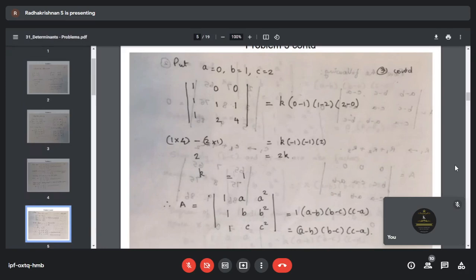So we're just substituting these numbers in place of A, B, and C. This determinant value is 2, and the right hand side is 2K. So 2 equal to 2K and K equal to 1. Okay, shall we move on? Yes sir.